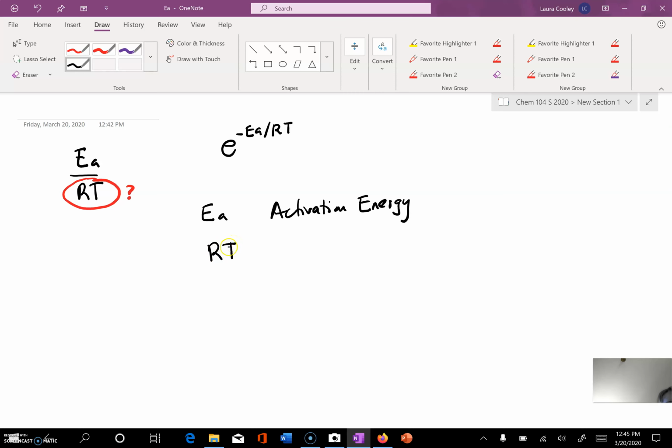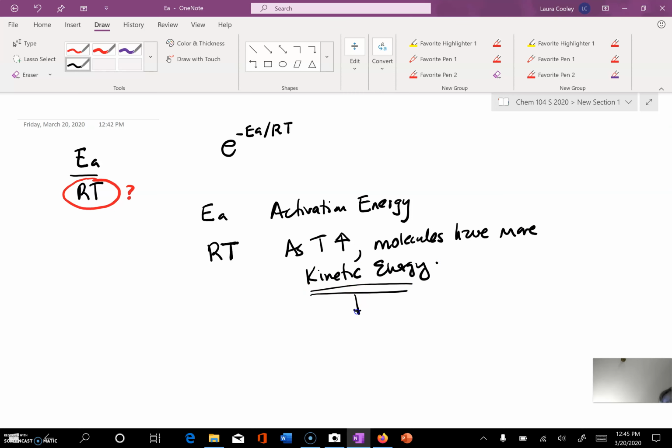RT, okay, so you can see the temperature T is in here. And we know that as the temperature goes up, molecules have more kinetic energy. This kinetic energy can be used to break bonds or to stretch bonds.